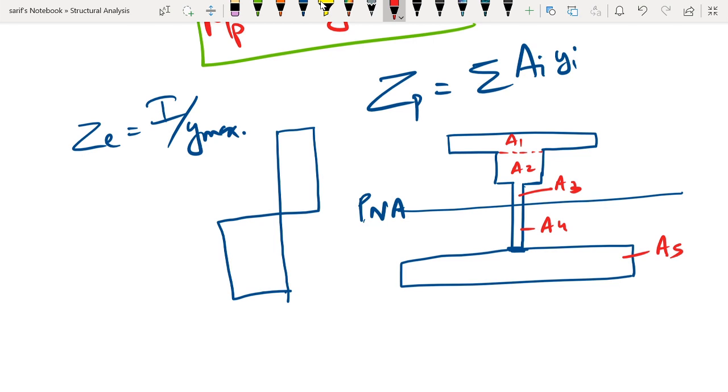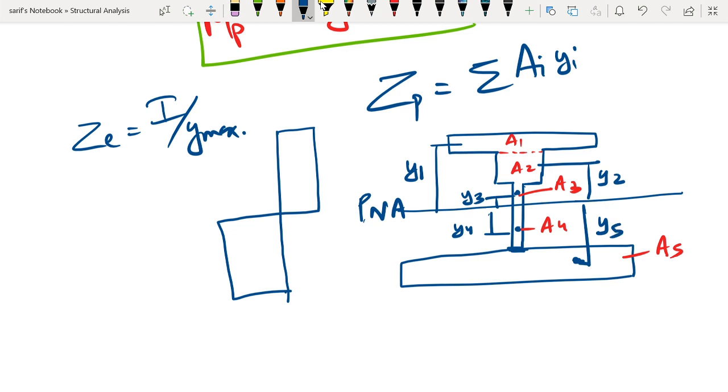And yi is nothing but the centroid of each of those areas from the plastic neutral axis. For example, the centroid of this area from the plastic neutral axis will be y1. The centroid of this area will be y2. The centroid of this small area will be y3. The centroid of a4 will be y4 and the centroid of a5 will be y5.